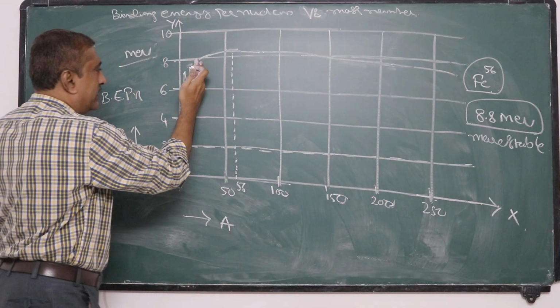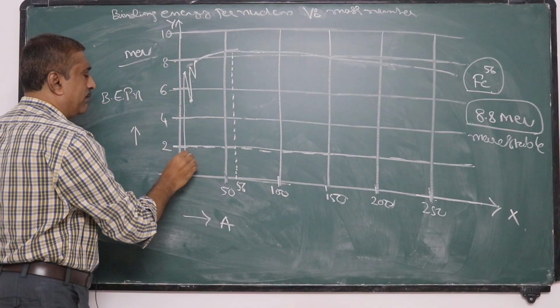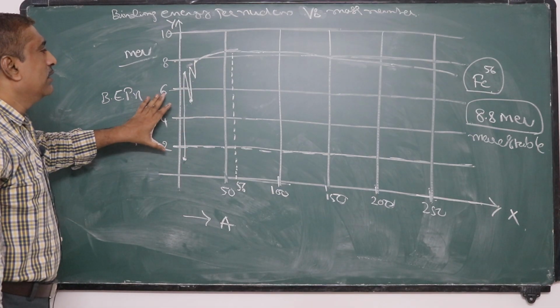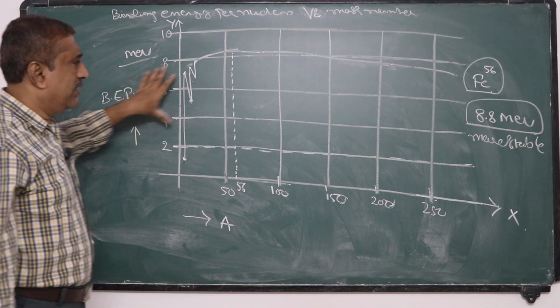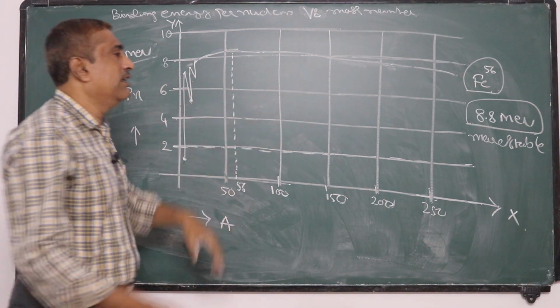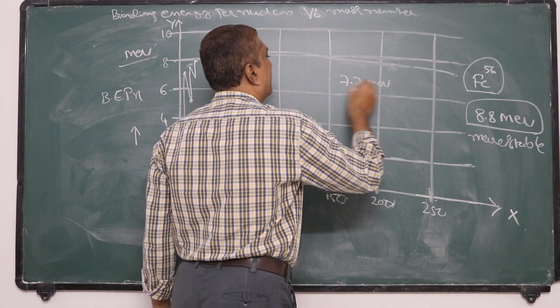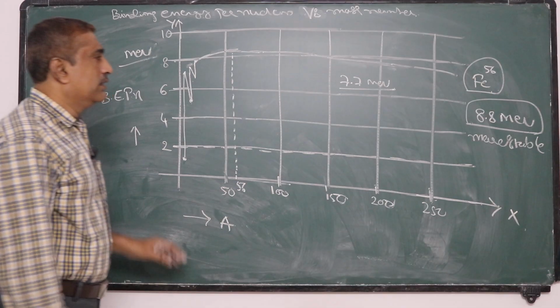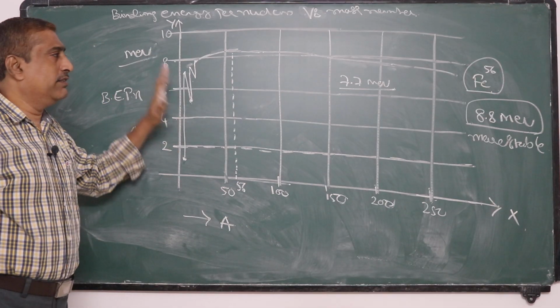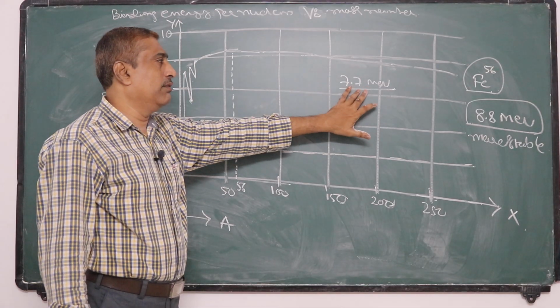For these elements, these are far below. The average binding energy of all these elements is found to be 7.7 MeV. That means the average binding energy per nucleon is 7.7 MeV.